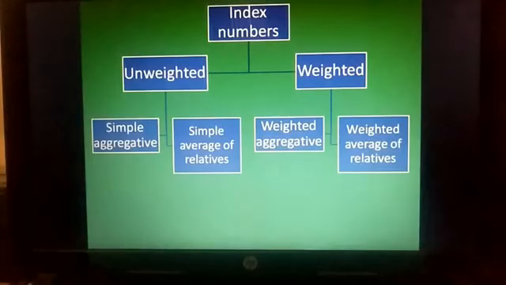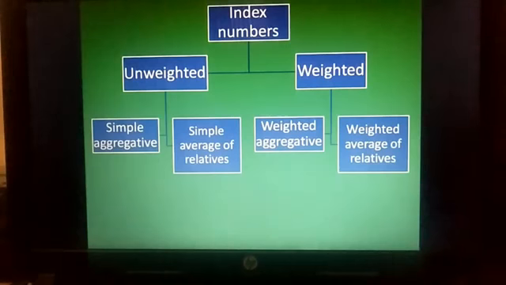So here we are understanding what unweighted and weighted index numbers are. In unweighted, the types of index numbers are simple aggregative and simple average of relatives. In weighted index numbers, they are weighted aggregative and weighted average of relatives.